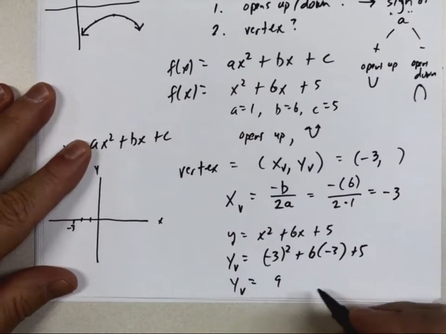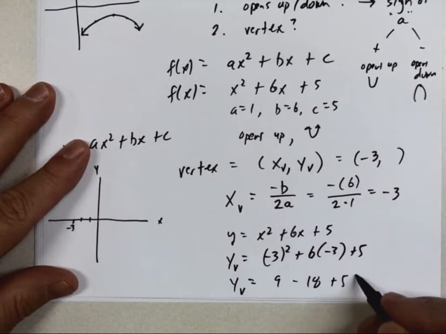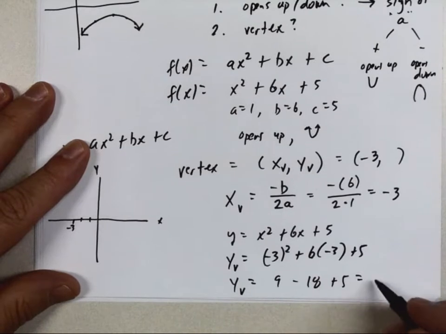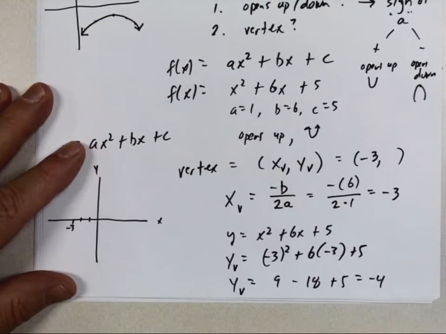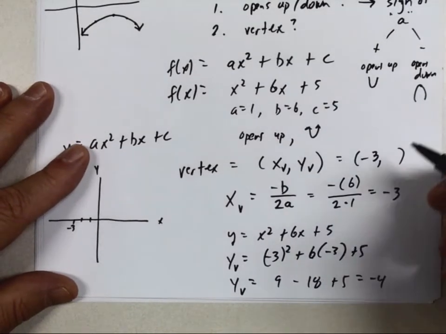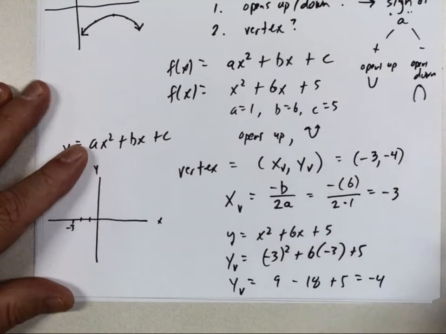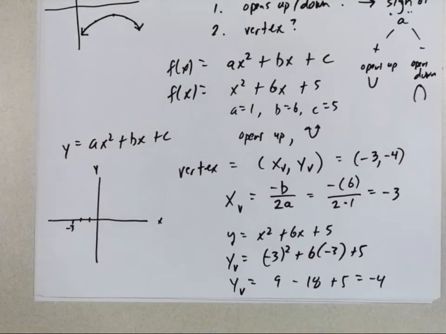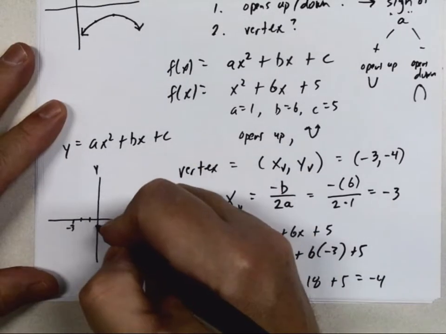So this is 9 minus 18 plus 5. Looks like -4. So it looks like -3, -4.